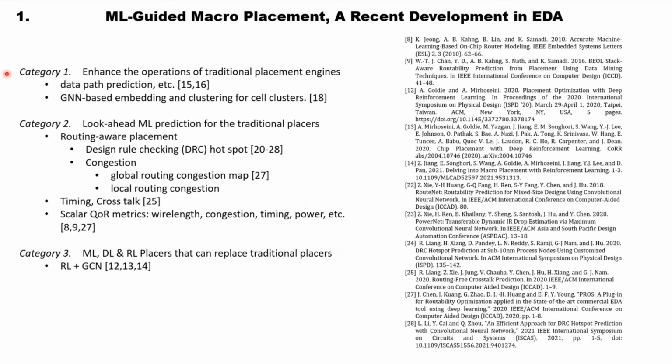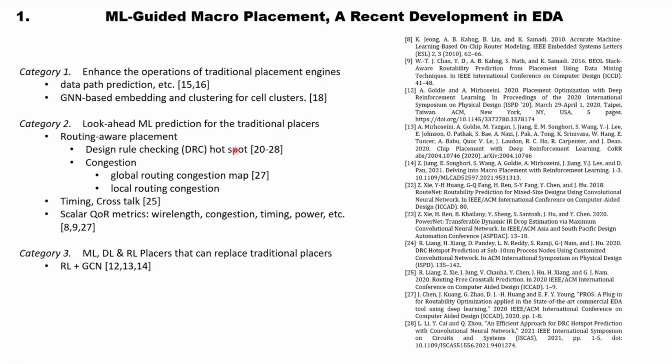Nonetheless, recently, there are several active research works applying machine learning, deep learning, and reinforcement learning techniques in placement and macro placement. In our view, these works can be classified in 3 categories. First, enhancing the operations of traditional placement engines. Second, look-ahead ML predictions for traditional placers.